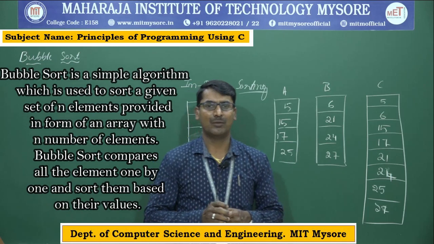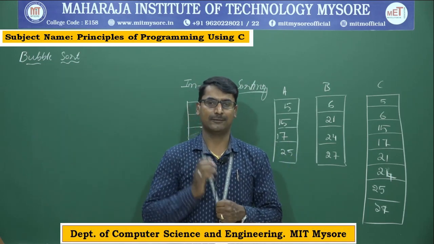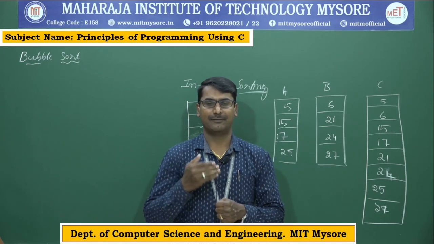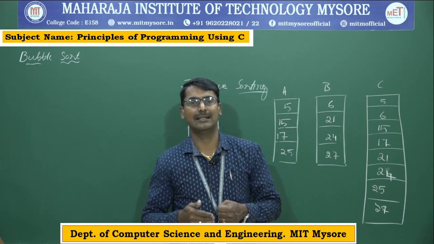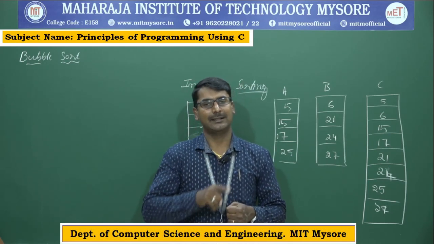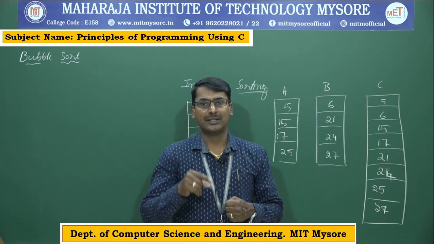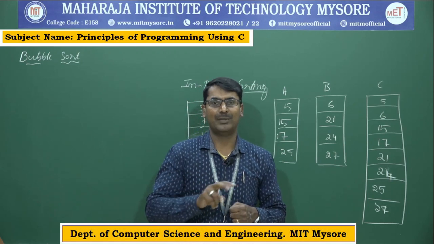So the bubble sort technique is a very simple technique for arranging the elements. First you start comparing the first element with the second element. If the first element is greater than the second element, then the elements will be exchanged. Next, the second element and third element will be compared, and based on the value, they will be swapped.